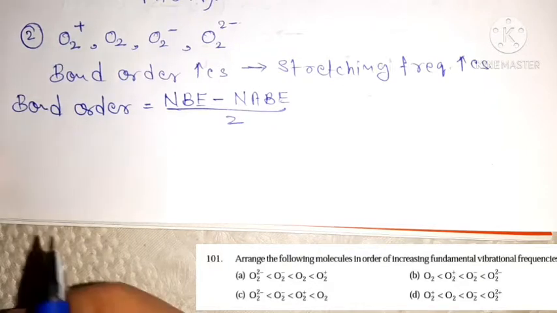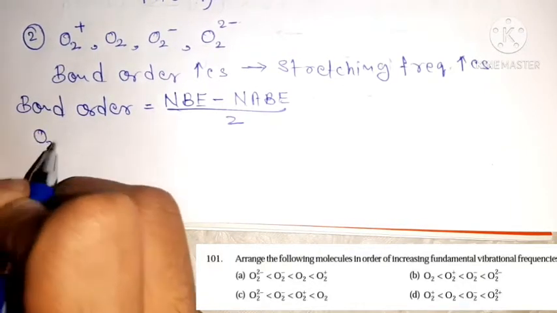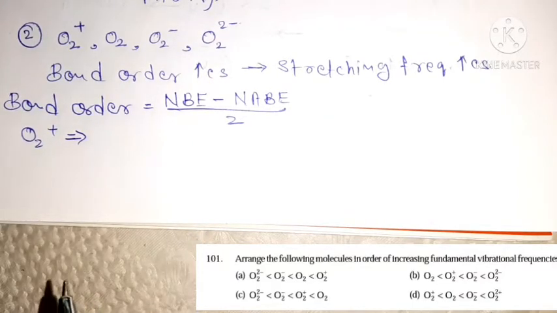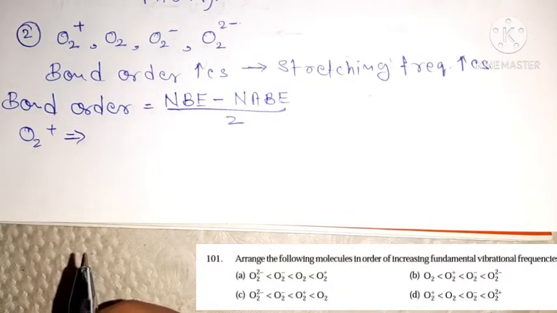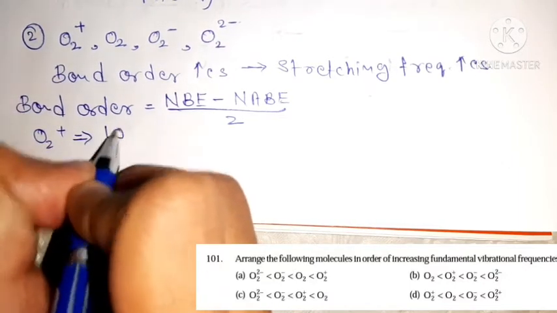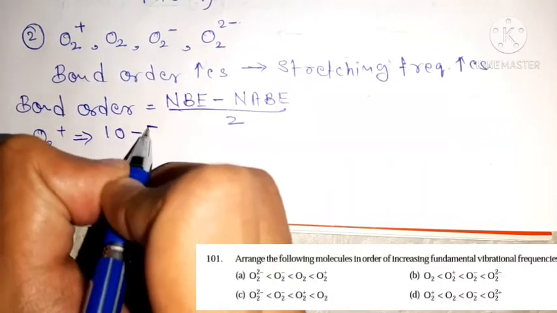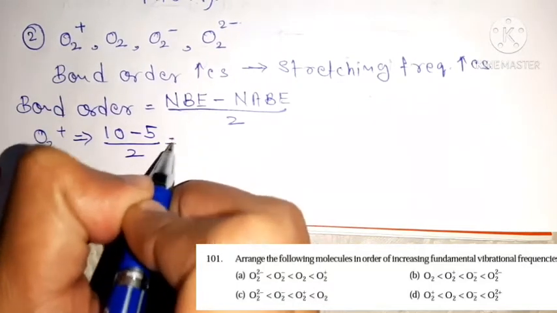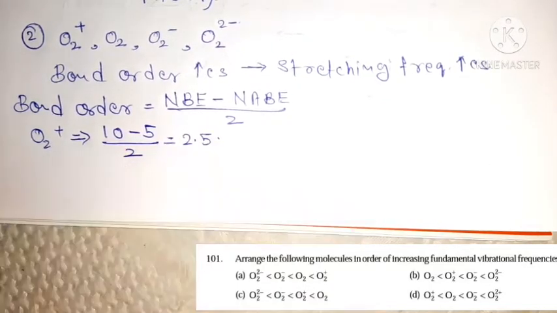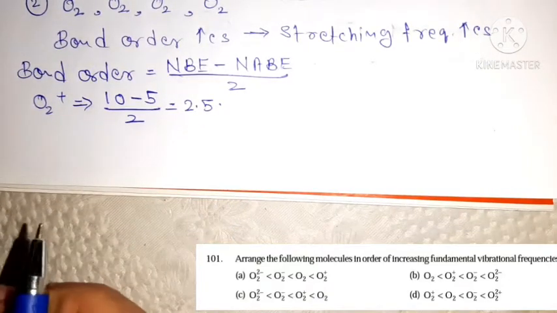For O2+, in the molecular orbital diagram, the bonding electrons will be 10 and the anti-bonding electrons will be 5. So it will be (10 minus 5) by 2, that is 5/2, which is 2.5. So the bond order of the O2+ species is 2.5.